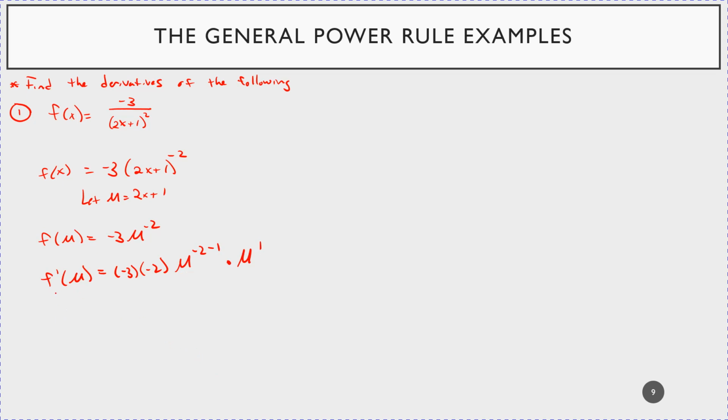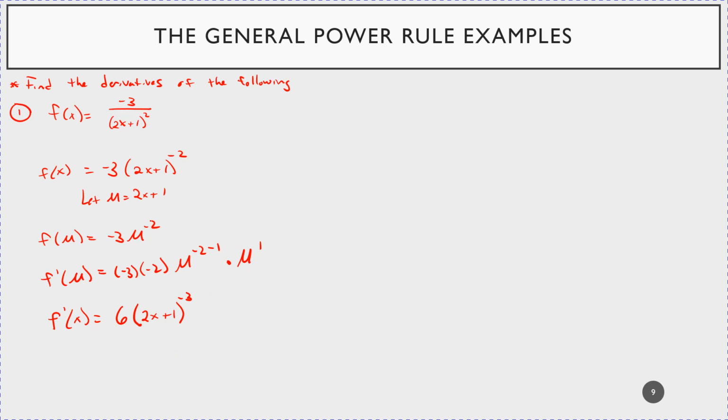Well, then now let's put it back in terms of x. So f prime of x is equal to -3 times -2 is +6. Now instead of u, my u was 2x plus 1. -2 minus 1 to the -3rd power.